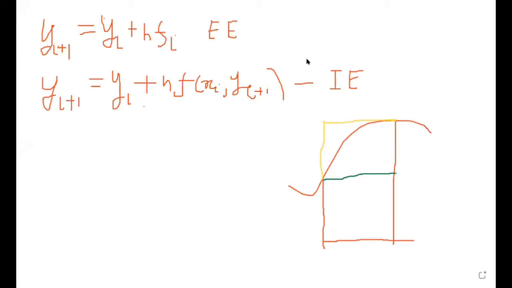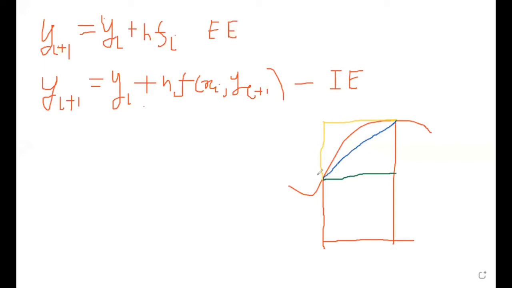Is there another way to approximate this geometry by a geometry whose area is known to us? Yes, we can do that using the trapezium. We also know the area of the trapezium.